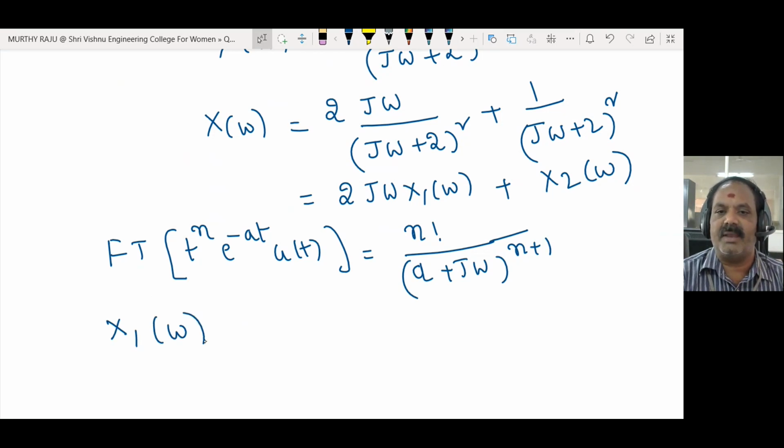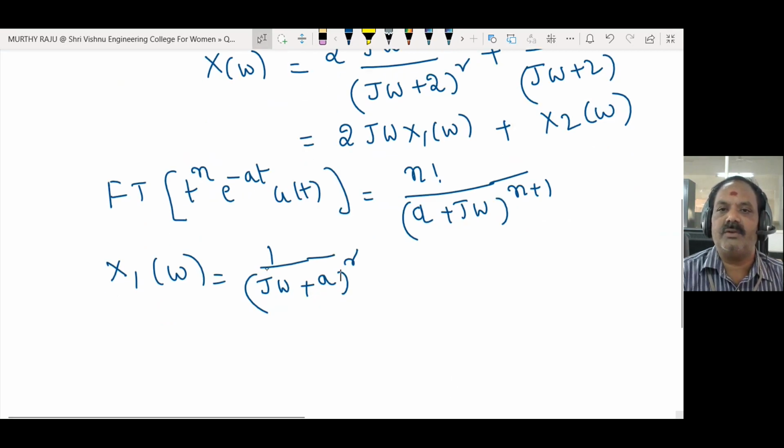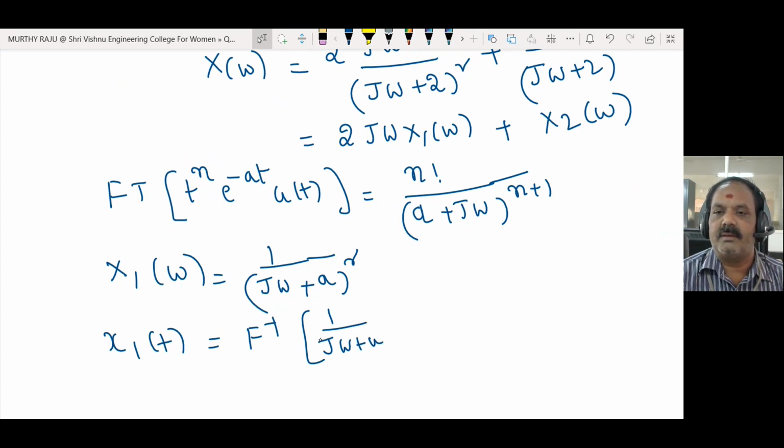Remember this expression. Consider X1 of omega, which is equal to 1 by (j omega plus a) whole square. We need to calculate X1 of t.